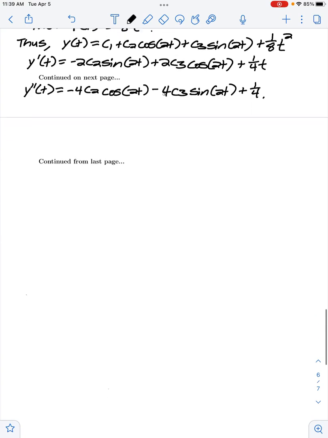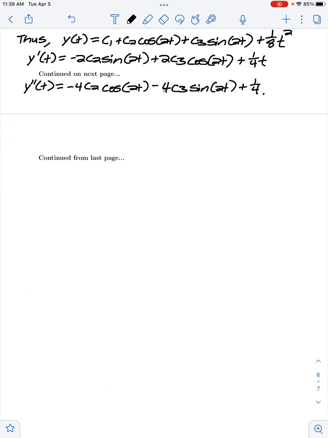So let's now apply our initial conditions. Looking at y at 0, we're left with c1 plus c2, which we were told must be 0.